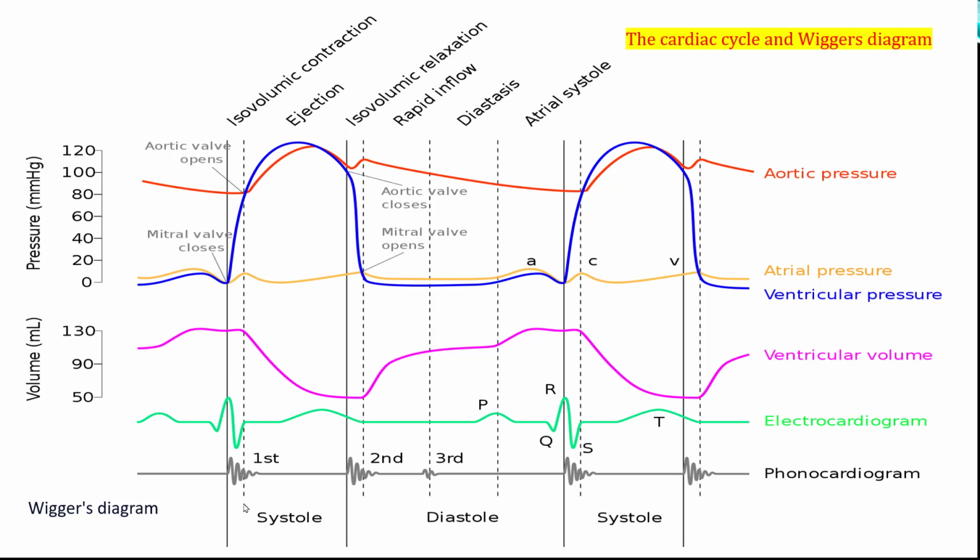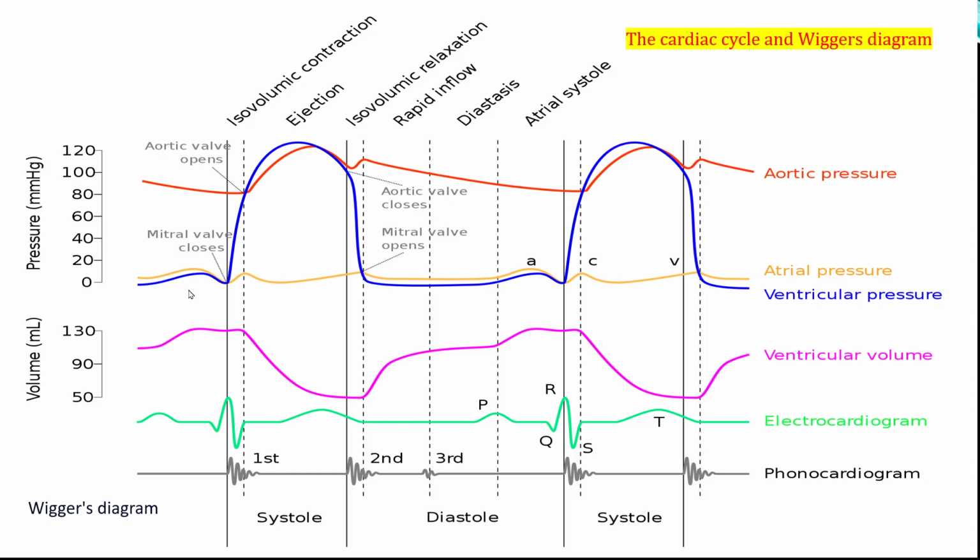Let's see that in the uppermost column, there are 3 upward curves in this diagram. The blue one is the pressure of the ventricle, the yellow one is the pressure in the atria, the red one is the pressure in the aorta.